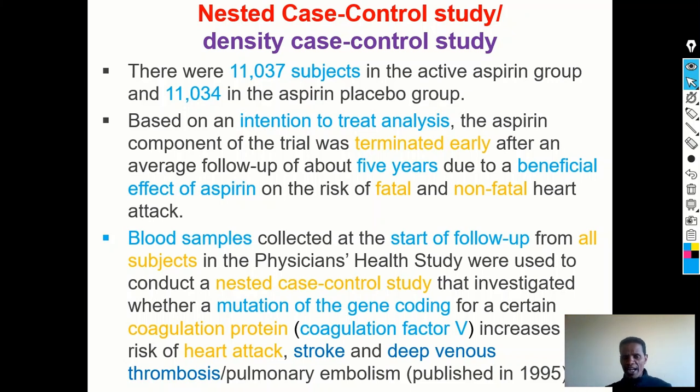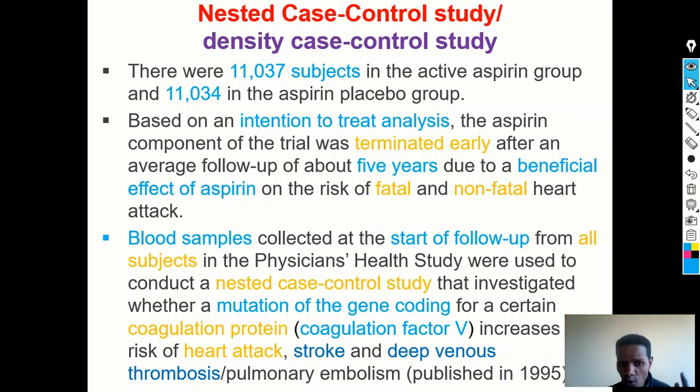There were around 11,035 subjects in the active aspirin group and around 11,034 in the aspirin placebo group, based on an intention to treat analysis. As I said in the morning session, intention to treat analysis and efficacy analysis are the ways of analysis in an experimental study.